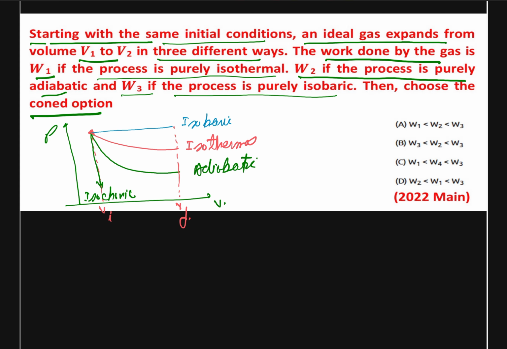So we are given that for the same range of volume, isobaric is our largest. So isobaric is W3. So this work done will be our W3. Isothermal is our W1, and adiabatic is W2.